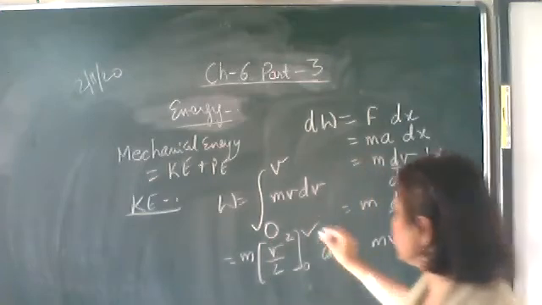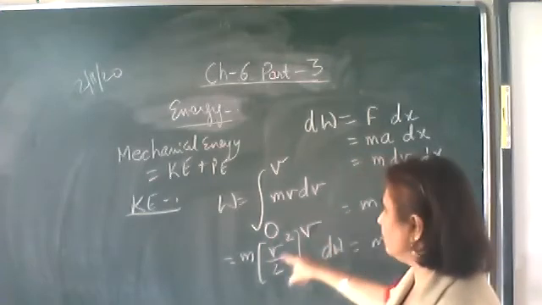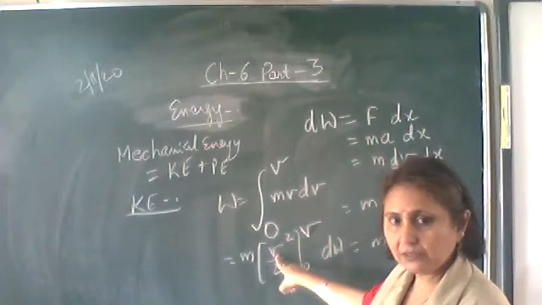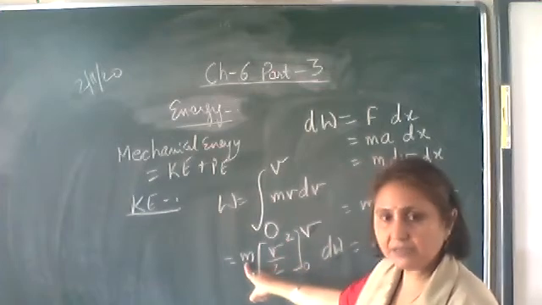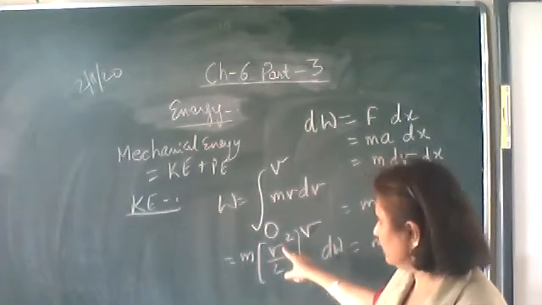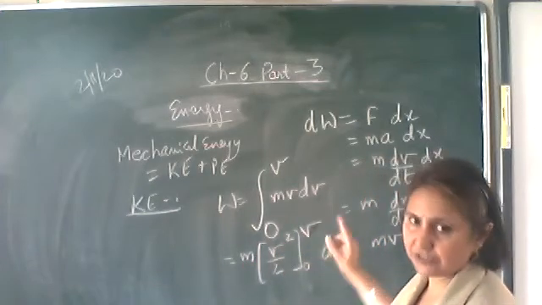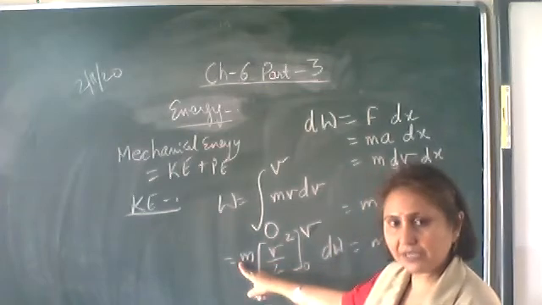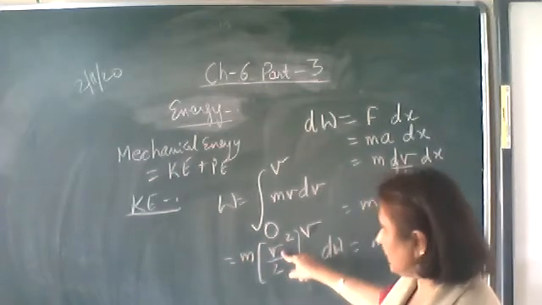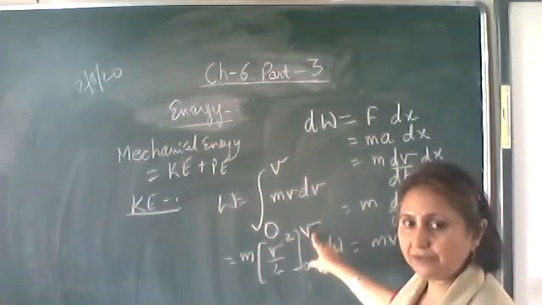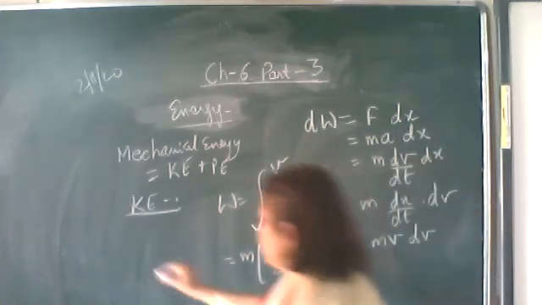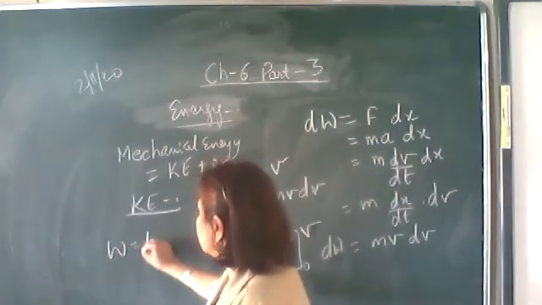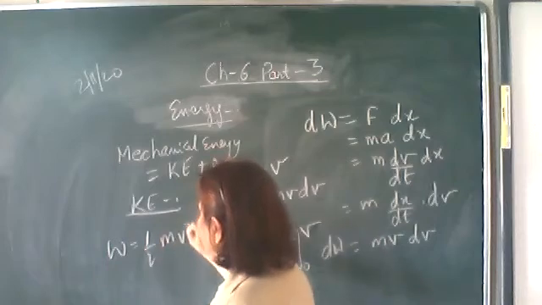Put the upper limit minus the lower limit in place of v, taking half outside: half m into v square minus 0 square. So the work done is equal to half m v square.